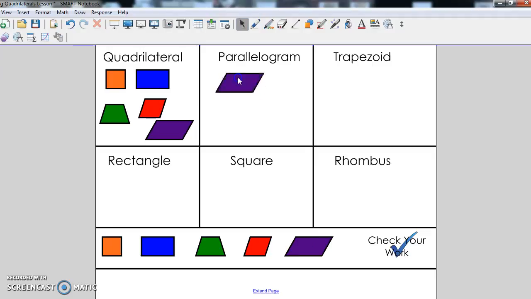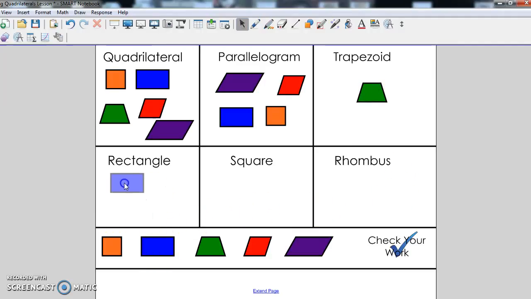This is the parallelogram, but remember we had a couple special types of parallelograms as well. We had the rhombus, which was a special parallelogram. We had the rectangle, which was a special parallelogram, and then we have a square, which is a super special parallelogram. All right. In the third one, the trapezoid, basically that's the only thing that goes there.